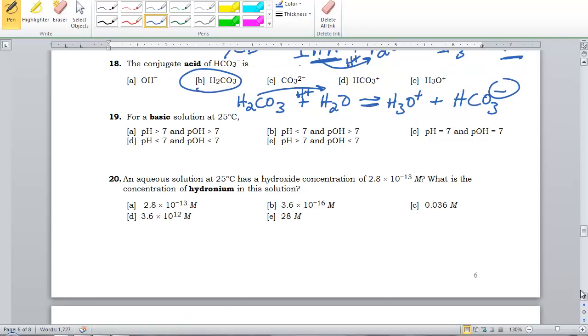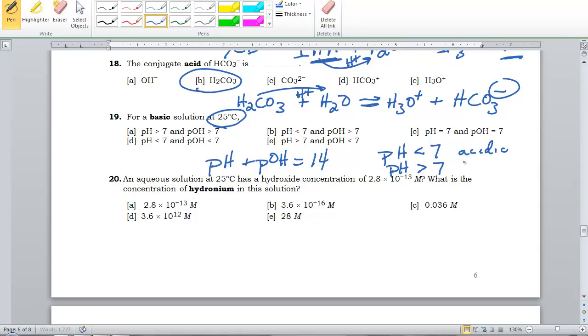All right, next one, 19. Make sure you know pH and pOH. Now, at 25 Celsius, this is a good equation to know, and it will be on the equation sheet. pH plus pOH is equal to 14. So you do know that low pHs correspond to acidic solutions, pH less than 7, acidic, or pH greater than 7, basic, and equal to 7 would be neutral.